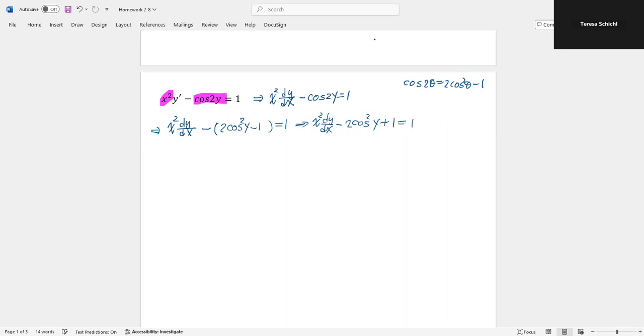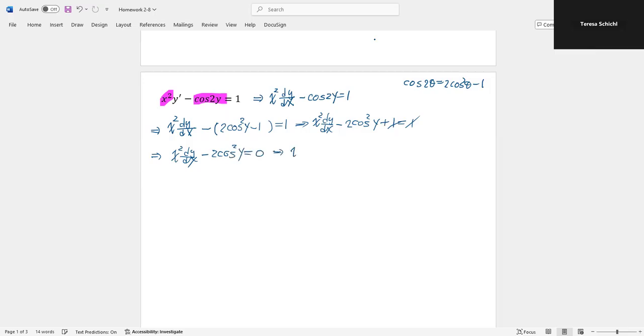So this 1 and 1 I can cancel, and I will have x squared dy/dx minus 2 cosine squared y equal to 0.